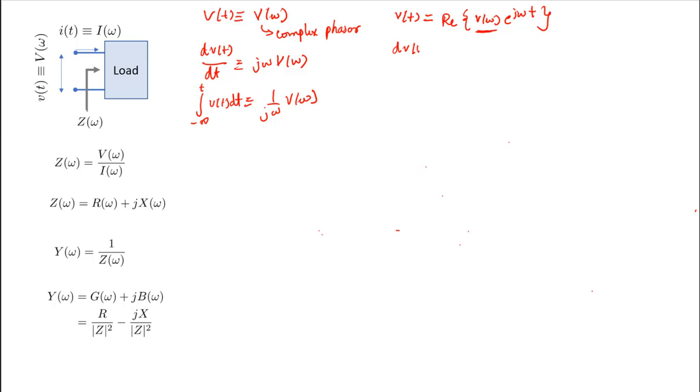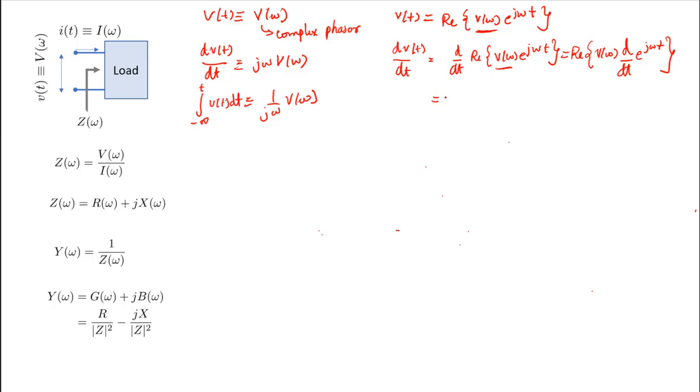So dv over dt is simply d by dt of the real part of the whole term. Since v of omega is independent of time, this is equivalent to taking the real part of v of omega times d by dt of e power j omega t. And differentiation of e power at is e power at.